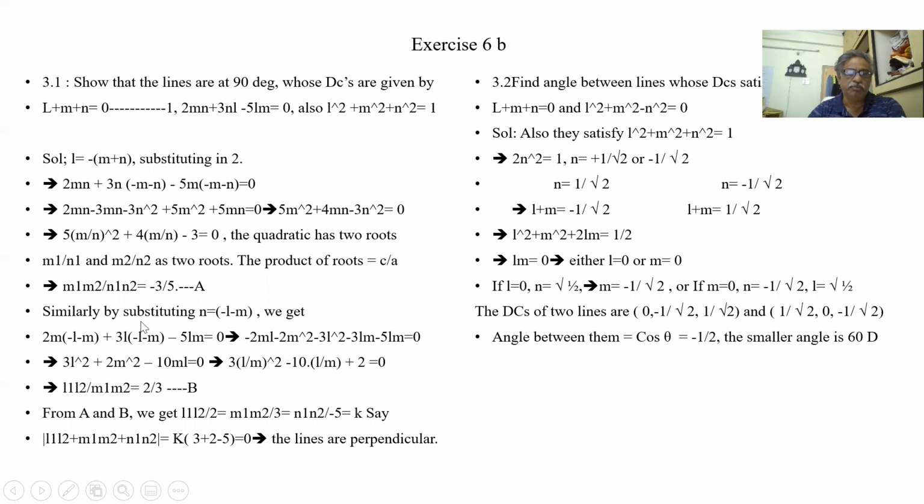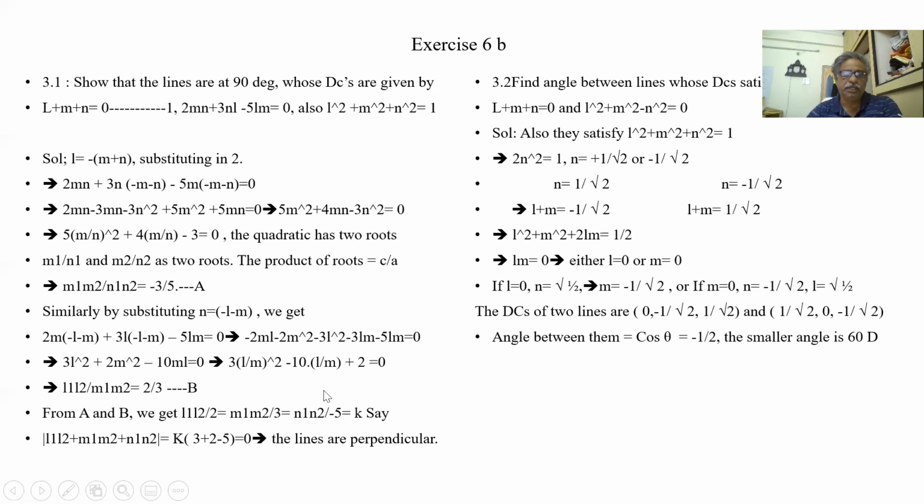From these, you get L1 L2 by 2 is equal to M1 M2 by 3 is equal to N1 N2 by minus 5. Because see, L1 L2 by 2 becomes M1 M2 by 3, but M1 M2 by 3 is equal to N1 N2 by minus 5. This minus comes here.